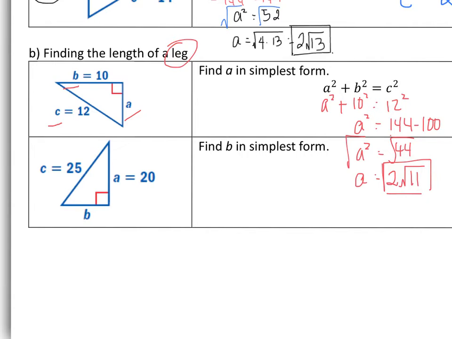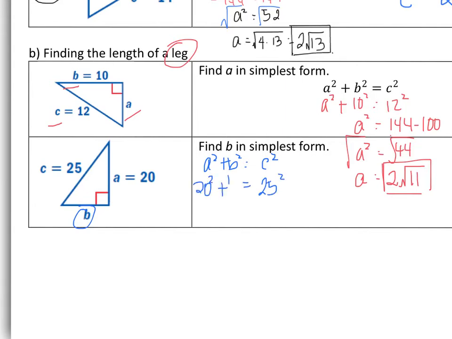Let's try another one. Looking for B in this case. I'm going to write the theorem. C is 25 squared. A is 20 squared.